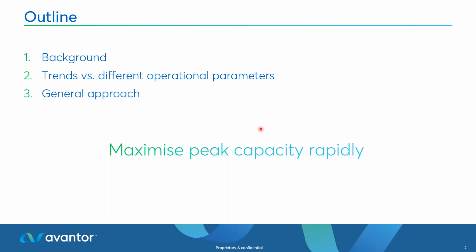So the outline of today's presentation, there's 3 different sections. Firstly, I'd like to go through the background. And once I set the scene, I'd like to jump into a lot of the different trends between peak capacity and all of the different operational and practical parameters that we all have control over when we're developing a method.